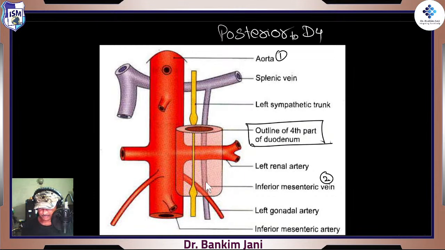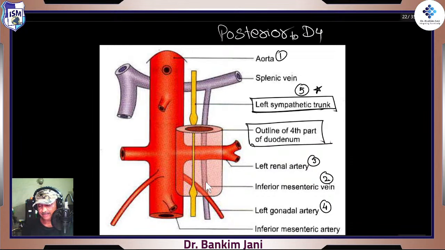Then there is, say, the renal artery, because kidneys are posterior, right? And then, yes, that famous left gonadal artery, that one. And chances are that this time we'll miss this left sympathetic trunk. So that's why we'll just put a star and we'll put number 5.